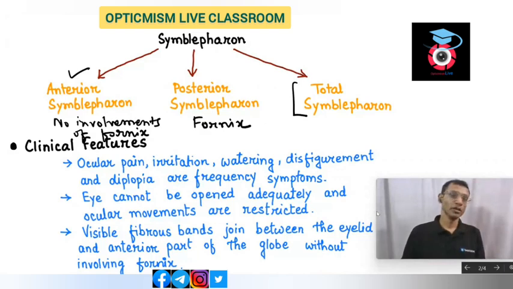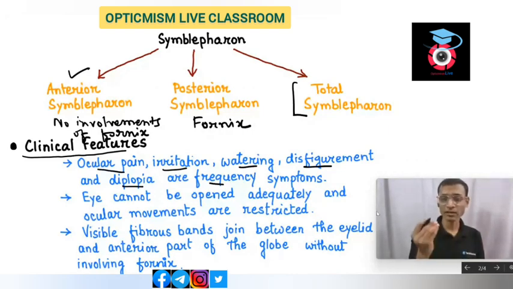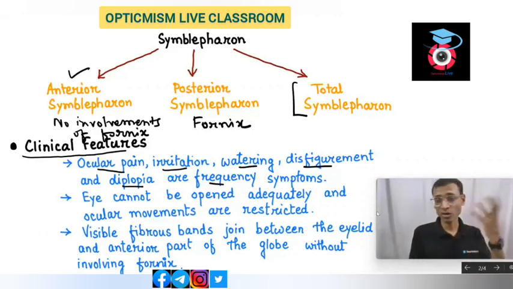Now we will talk about the clinical features, which include the signs and symptoms of symblepharon. First, patients complain of ocular pain, irritation, watering, disfigurement, and diplopia. Diplopia is mainly caused by squint or deviation of the eyeball.